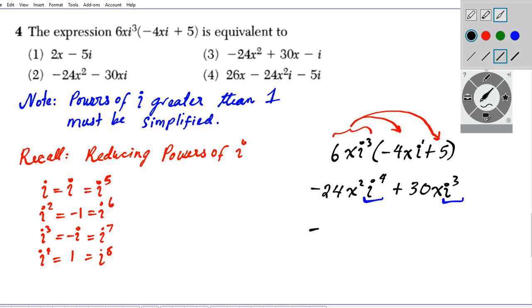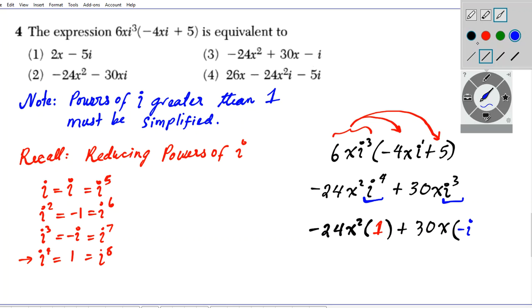So if we simplify this, we have negative 24x squared times, let's see, i to the fourth is right here. i to the fourth is just 1, so i to the fourth reduces to 1. And then we have plus 30x. What does i to the third reduce to? i to the third reduces to negative i, so just put negative i here.